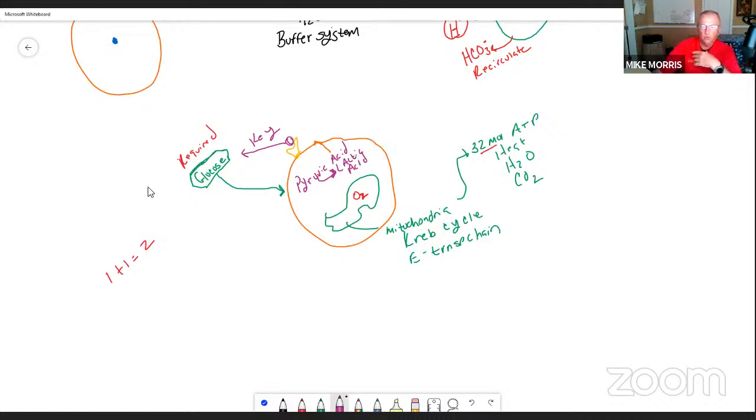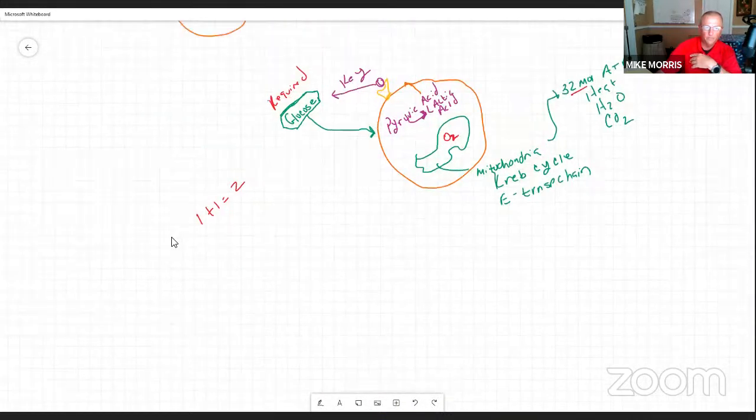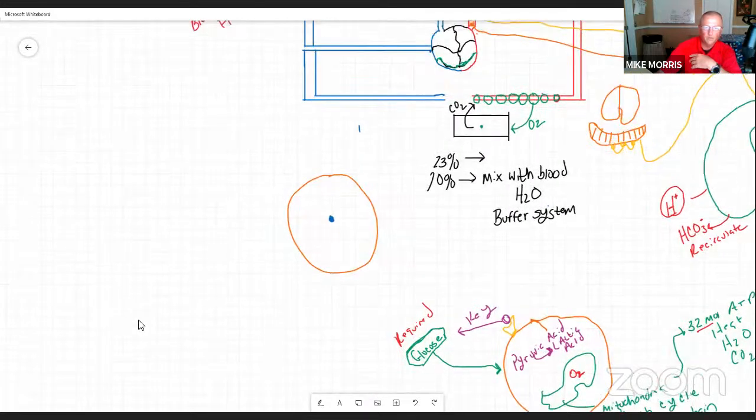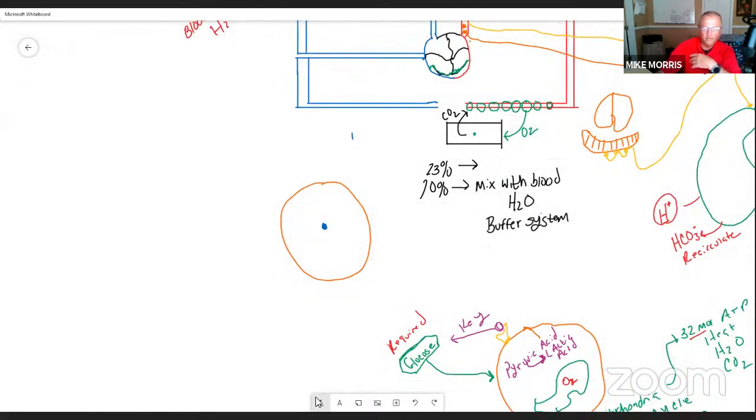And so that leads to what we talked about yesterday too, when we talked about the effects on the cell when you have a bunch of hydrogen ions, aka acid, hanging out.